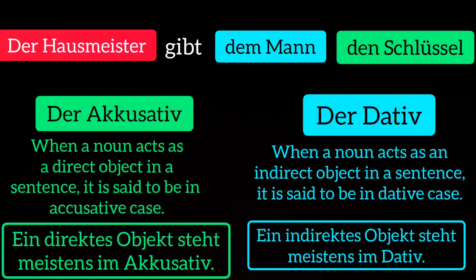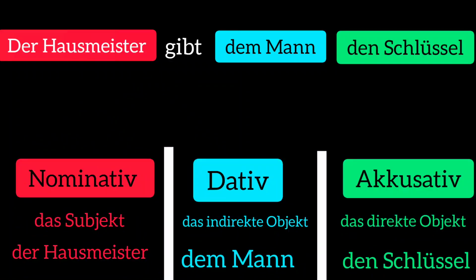So in this sentence, der Mann is the indirect object and therefore it is in its dative case and hence its article has been declined or changed from der to dem Mann to signify that it is the indirect object, or in its dative case.